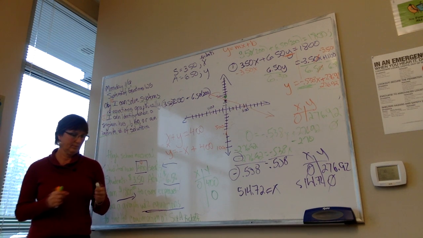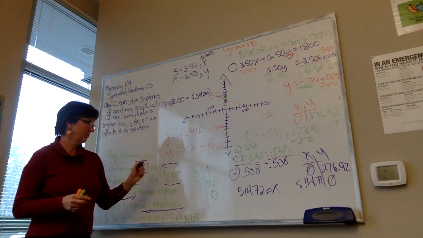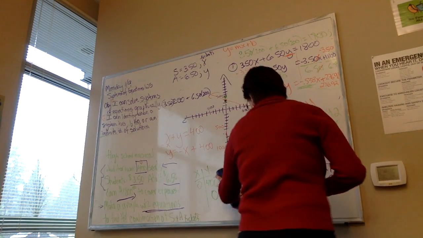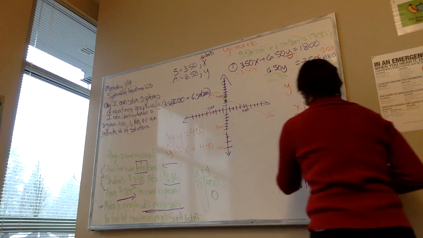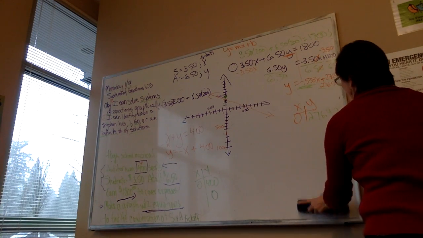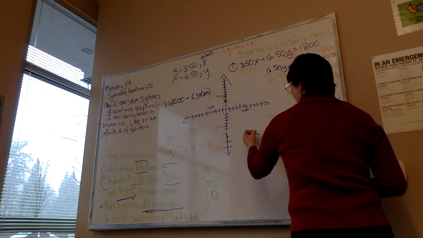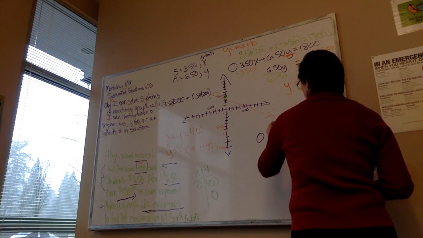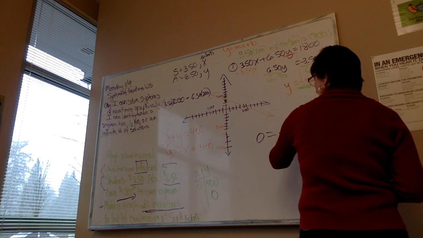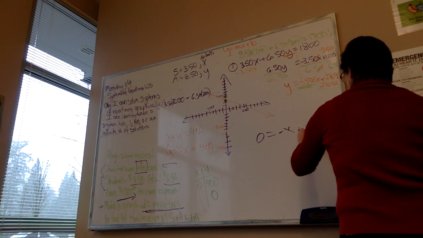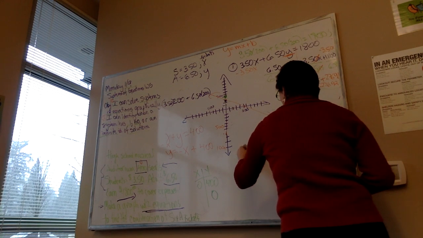One. I just said it. I have no clue. Yeah, I think it would be 1 because that's what we did on the other day. Okay, let's erase this. So if I have 0 is equal to negative x plus 400, right? So I'm going to subtract 400.